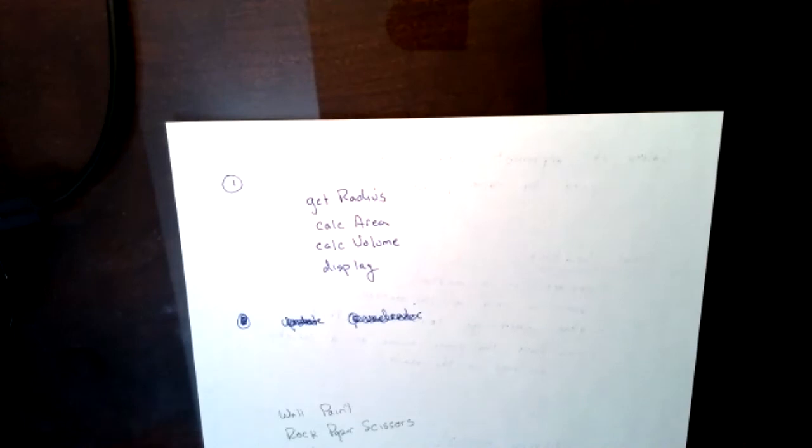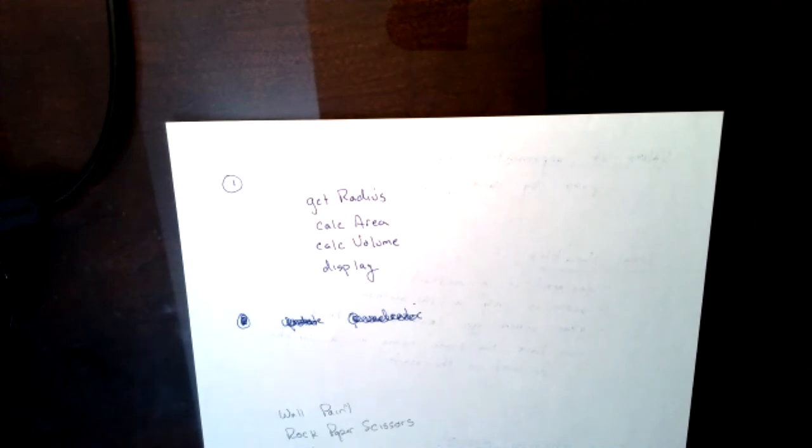Get, lowercase get, then capital R, a-d-i-u-s. So that second word and any other word after that would be capitalized. That's a common naming scheme for methods in computer programming, to write them like that. First word's lowercase, second word, radius, starts with a capital R.